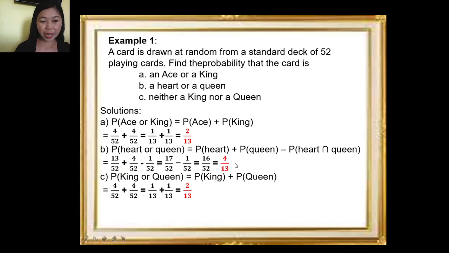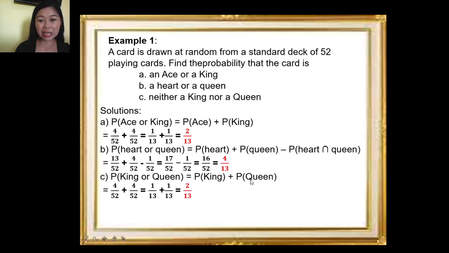Next, for letter C, what is the probability that the card is neither a king nor a queen? So, for this, letter C, probability that the card is king or queen. So, kung king or queen, this is the probability of king plus the probability of queen.